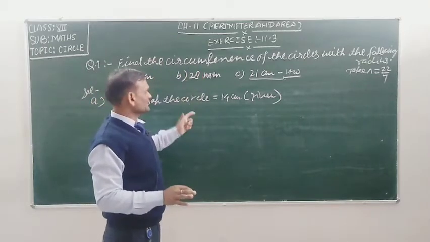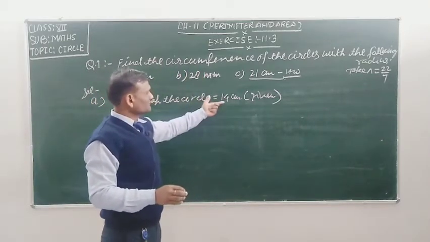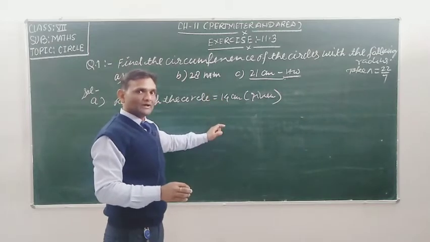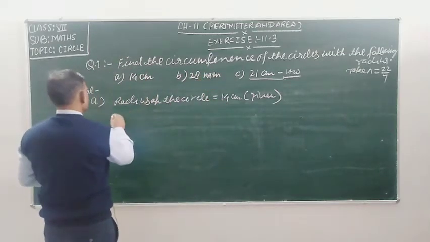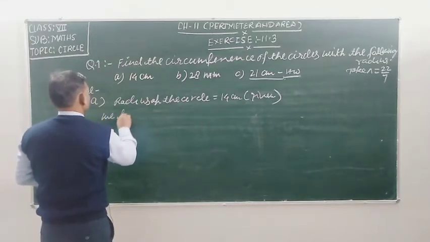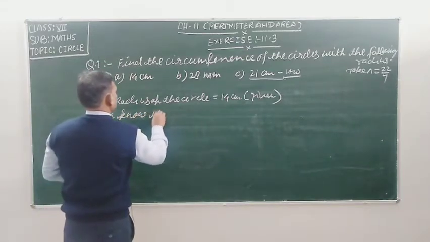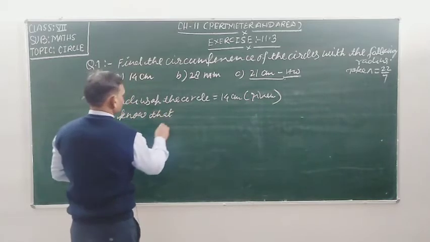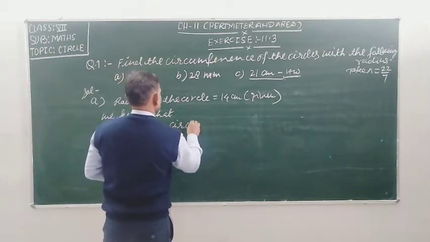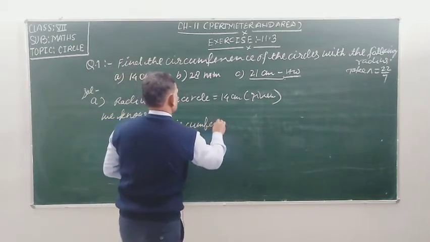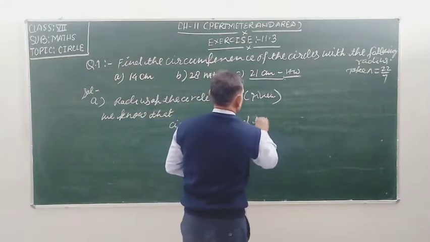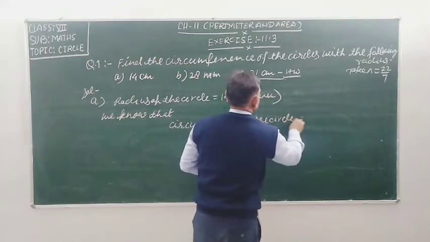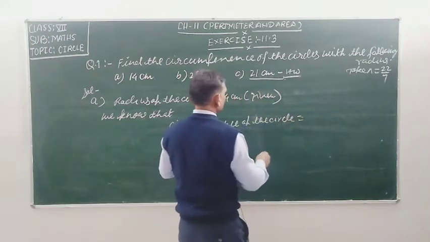Very easy student. Directly write the formula, put the value of the radius in the formula and find the circumference of the circle. So we know that circumference of the circle is equal to 2 pi r.